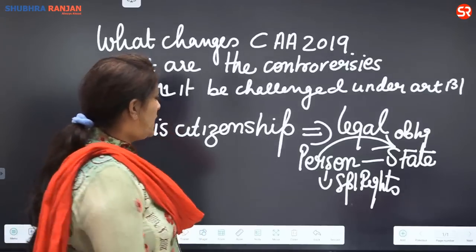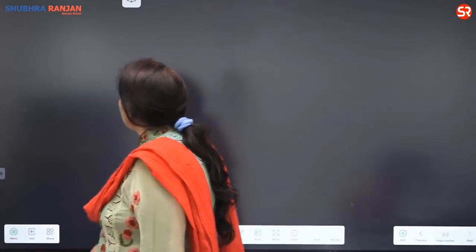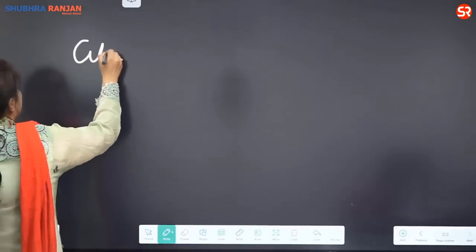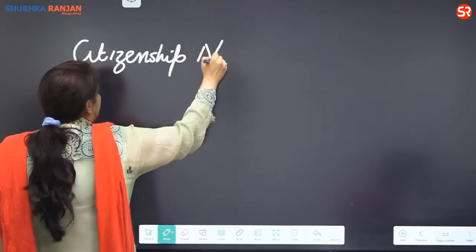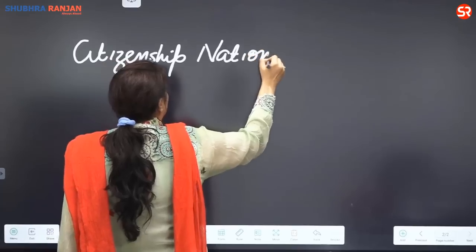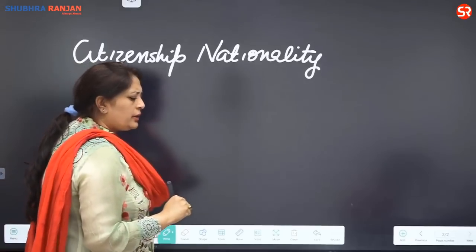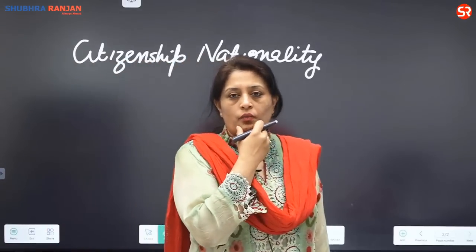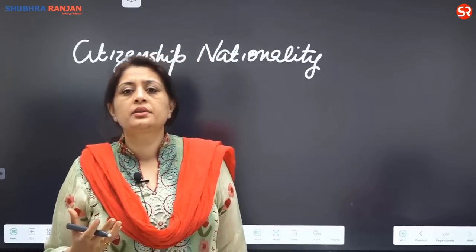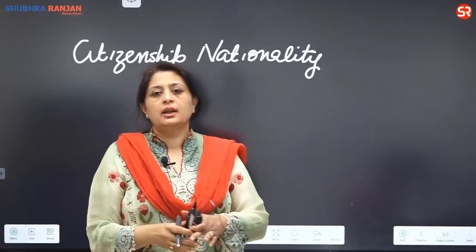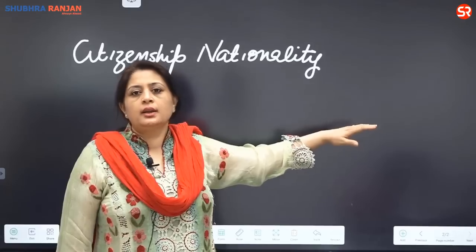Okay, and in international law, citizenship is called nationality. One of the reasons for the Second World War was the atrocities on the minorities, the religious minorities, that is Jews, by the government, not just in Italy but many European countries.